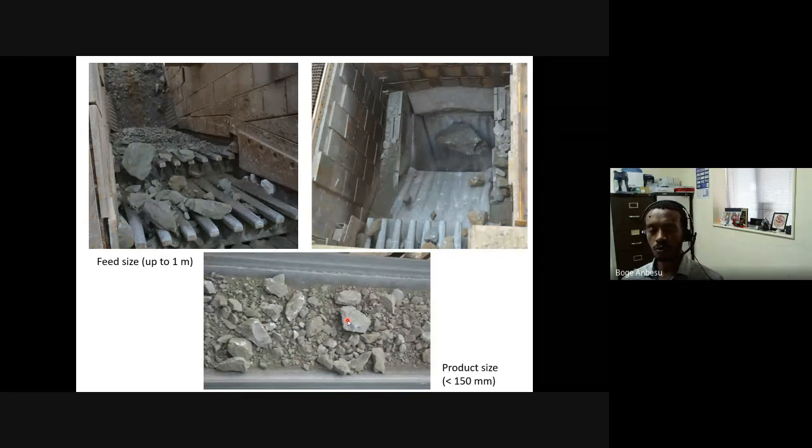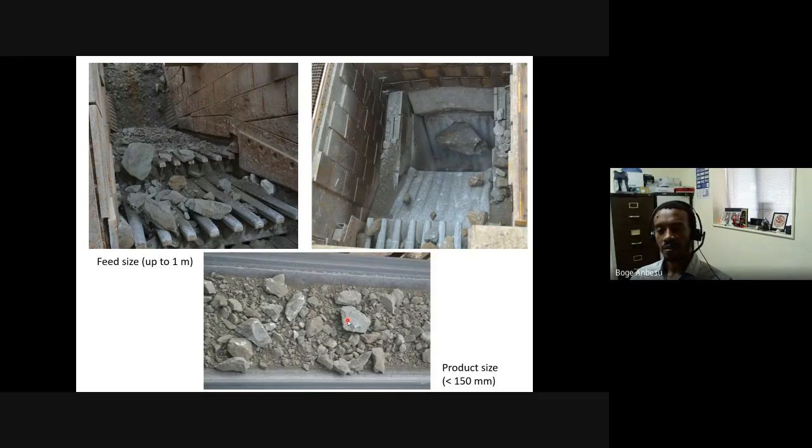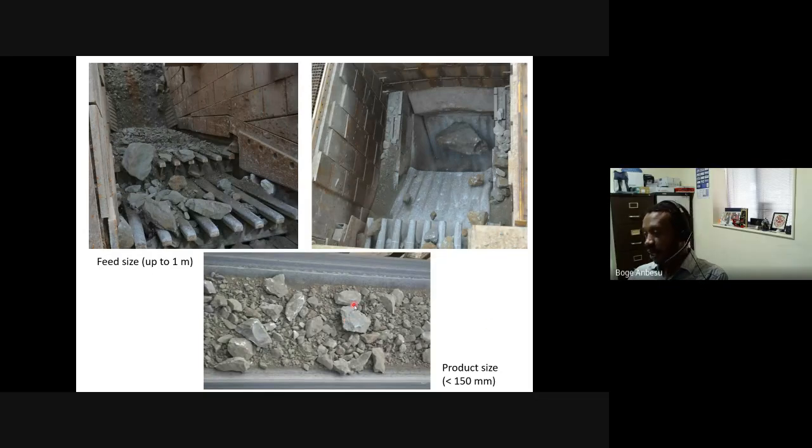So you can actually control the opening of a jaw crusher. Maybe you can limit the crushing so that you get only less than 100 millimeter particles, or 200 millimeter particles to be produced, and that can be fixed, and that can be determined based on, obviously, your plant requirement. Okay, so that product size can be controlled by controlling the discharge that's coming from a jaw crusher.